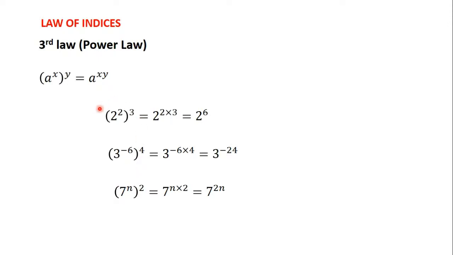Remember, if you look at it very carefully, the exponent is not multiplying the base, it's multiplying the exponents. So you multiply the two exponents. So 7 exponent n times 2. From algebra, we know that n times 2 is 2n. So this will give us 7 exponent 2n.